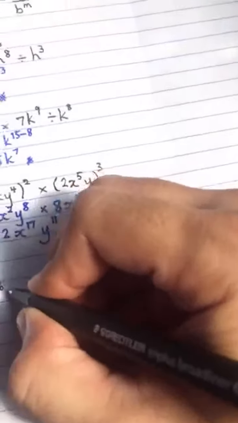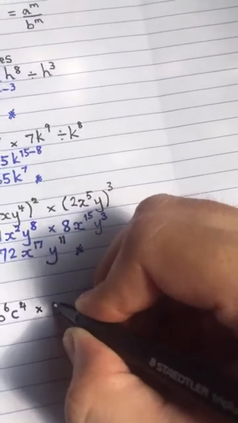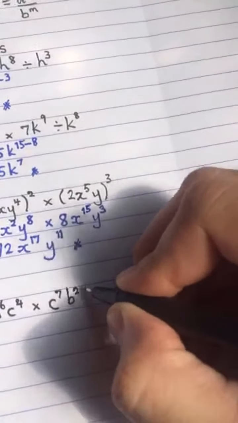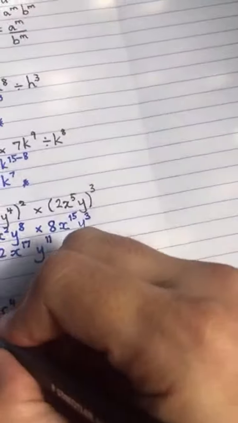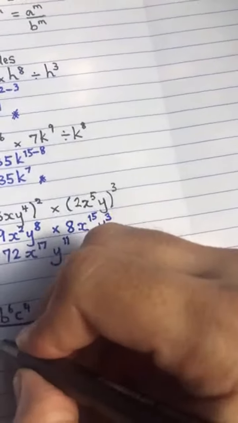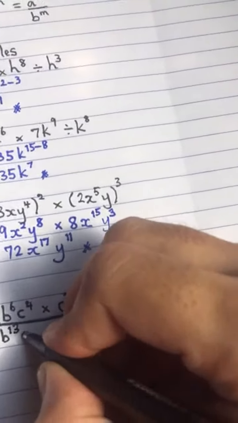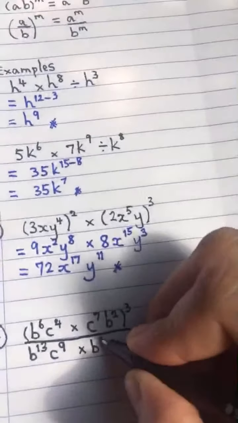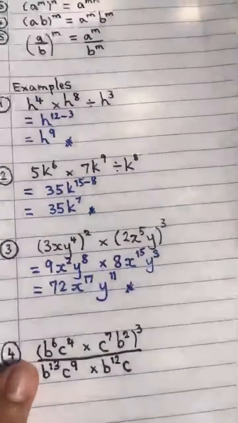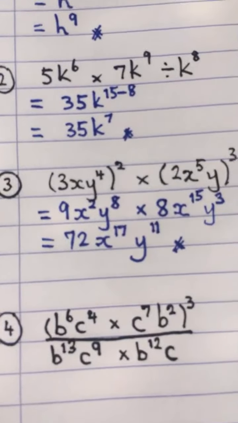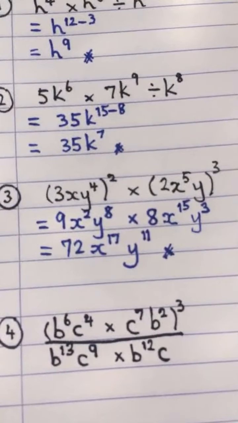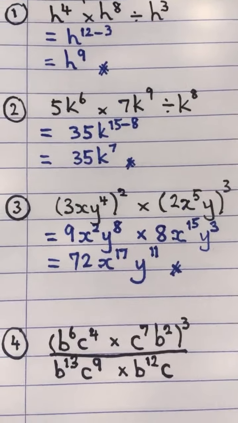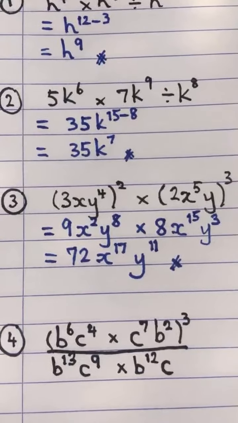This is the question. You have a big bracket: b power 6, c power 4, times c power 7, b squared.